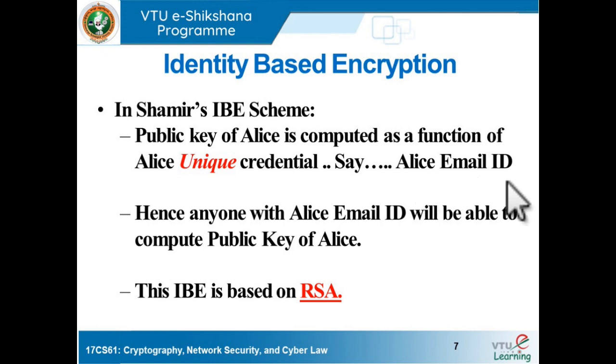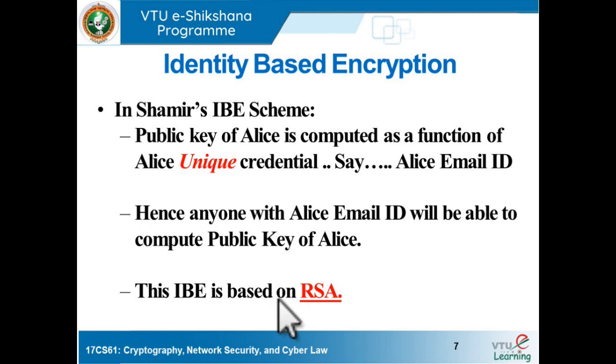Over here Alice is just providing her email ID. A function of this email ID, which is unique, is calculated, and that calculation will provide Alice with the public key. Hence, anyone who has Alice's email ID will be able to get the public key of Alice.